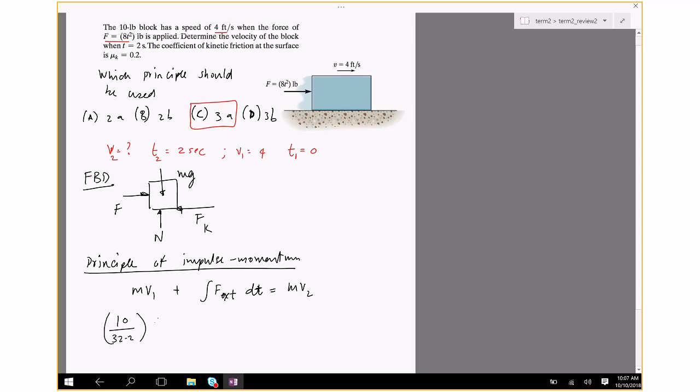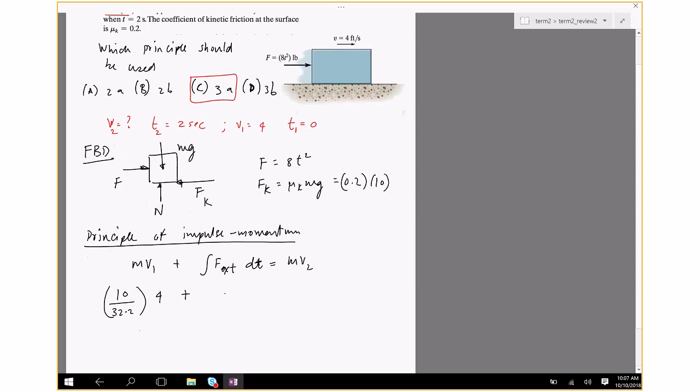Initial velocity is 4, plus the net force. In this case, we are doing the principle of impulse momentum along the horizontal direction, so only the horizontal forces will appear here. So the force F is 8t square. The friction force is mu k mg, or 0.2 times 10, and it's a constant, right?